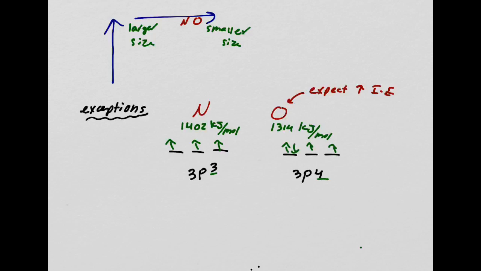We can probably see where I'm going with this, right? Now, if oxygen loses an electron, it's going to look really nice, doesn't it? If oxygen loses an electron, it's going to have half-filled orbitals. It's going to look prettier. Versus if I remove the electron from nitrogen, I'm messing with the prettiness.